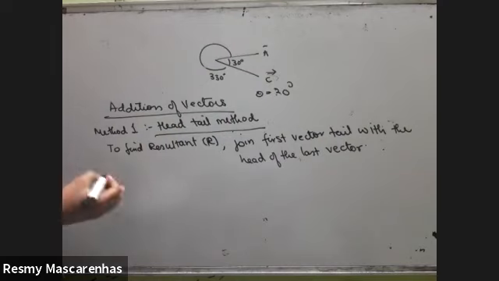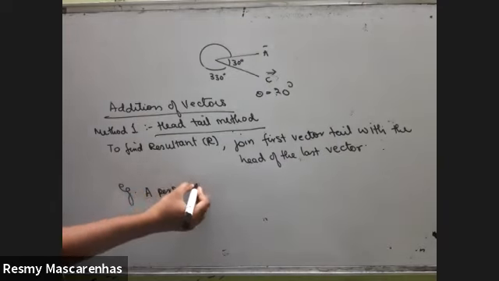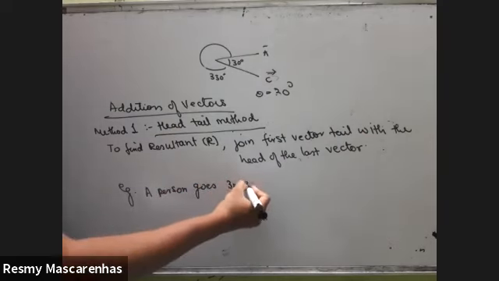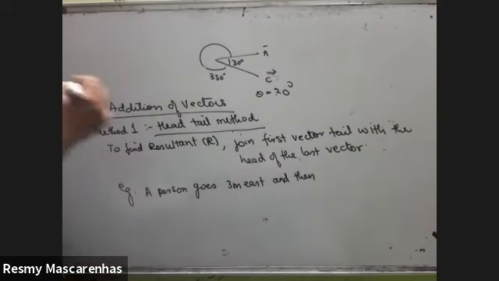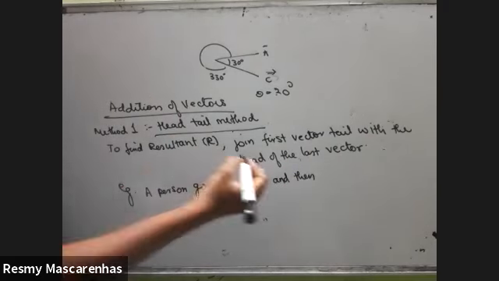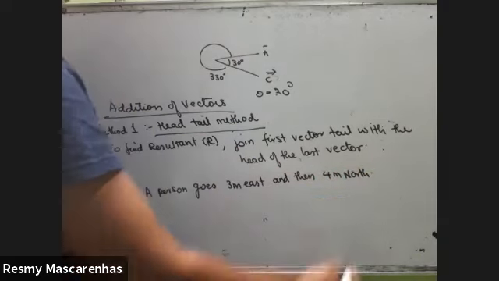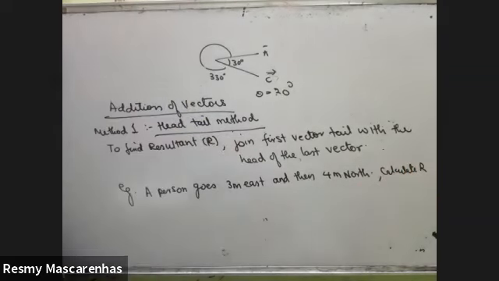It means, example, suppose a person goes 3 meter east, and then 4 meters north. Calculate R. What is the resultant vector?